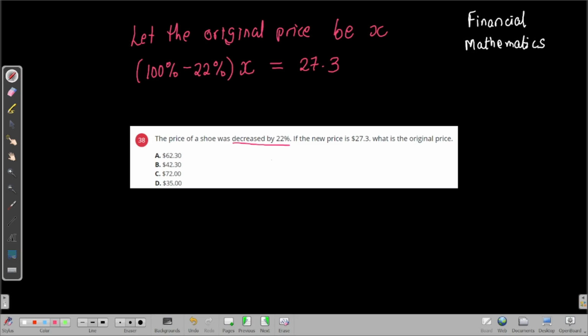If they said you increase the price by 22%, this will be 100% plus 22% times x. But the price was decreased by 22%, so it will be 100% minus 22%. So this is 78% x is equal to 27.3. 78% is the same thing as 78 over 100, which is 0.78.